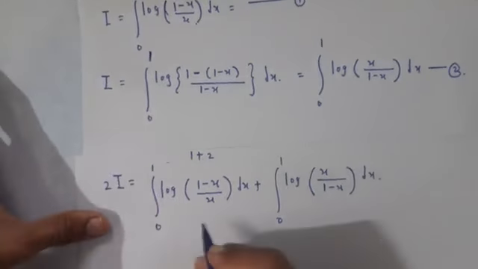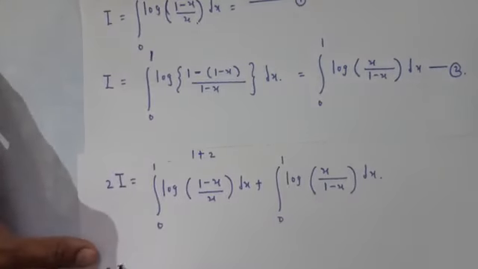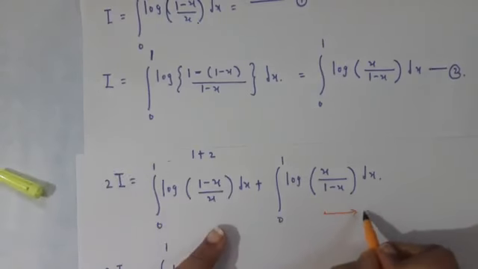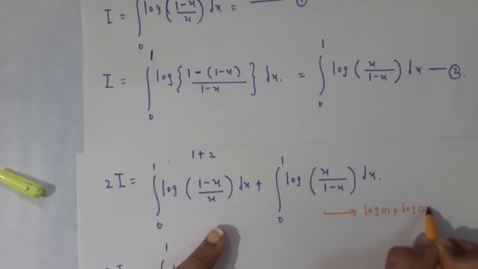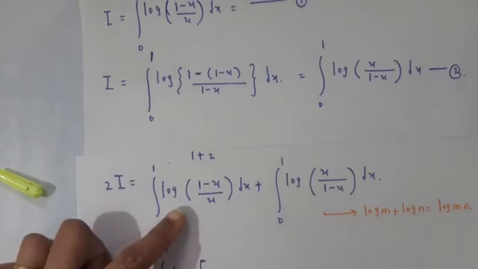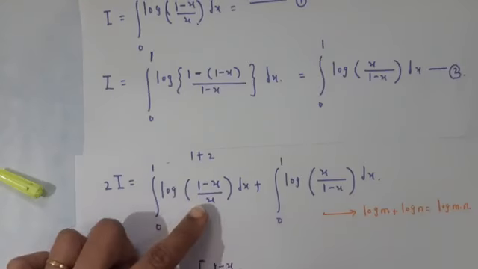So after adding 1 and 2, we will get 2I equal to 0 to 1 log of, by using rules of logarithm, that is log m plus log n is equal to log of m into n, log of 1 minus x upon x into x upon 1 minus x.